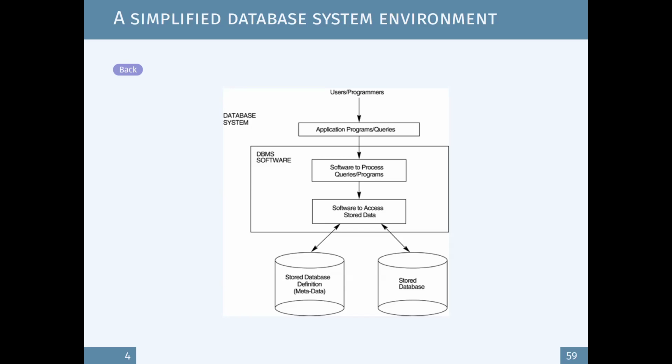In this particular case, you will see the users at the top and you can see the data at the bottom. Actually, when we say data at the bottom, you have the actual data on one side, which we call the stored database, and then we have data about data, which we call metadata, on the other. So although we say it's just a database, you have two parts: the actual data and data about data, which we call metadata.